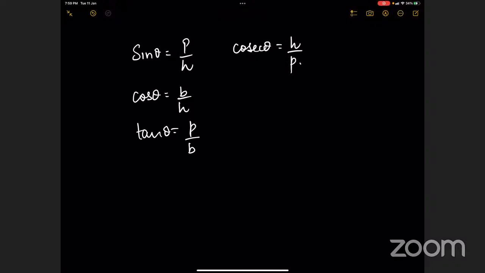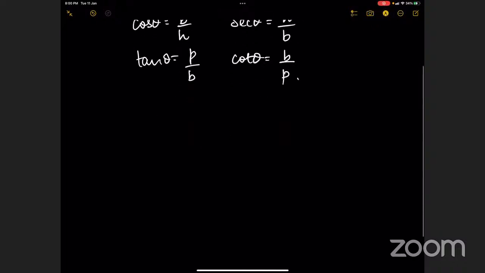That is secant theta, which is again the reciprocal of cos theta, so h by b. Just form a habit of saying hypotenuse, base, and perpendicular instead of the English letters. What is the reciprocal of tan theta? That is cot theta, which would be base upon perpendicular.